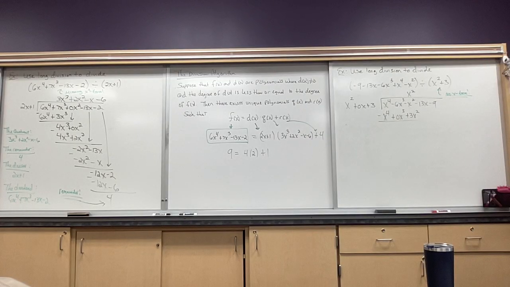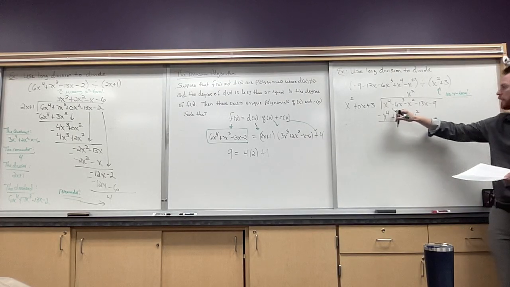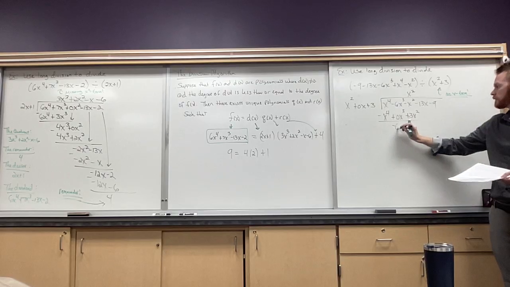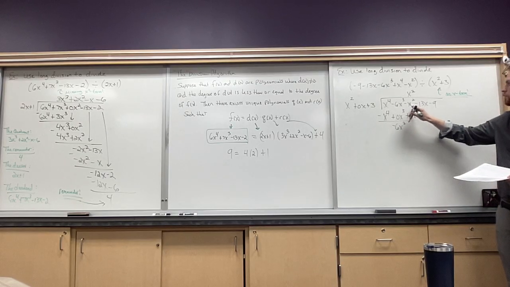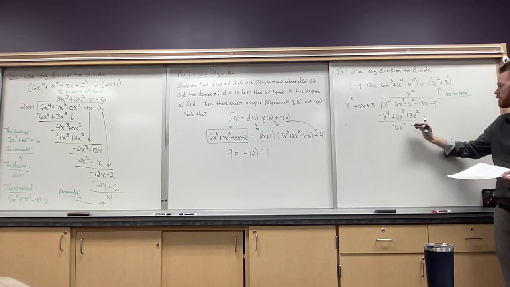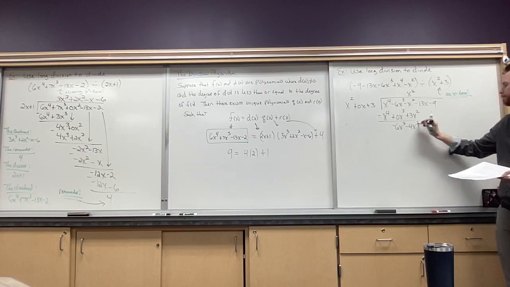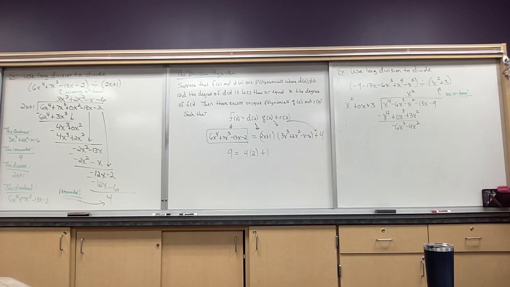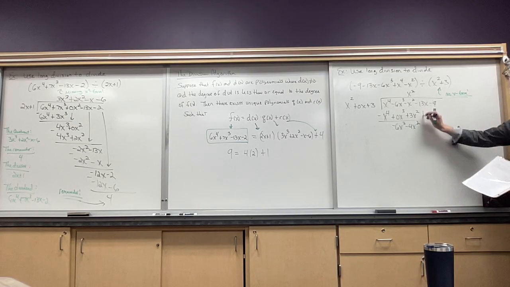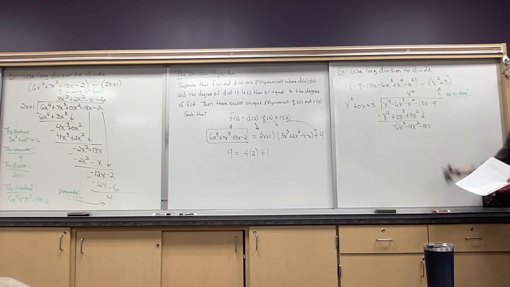Okay, so this is gone. This will just continue as a negative 6x cubed. And then over here, negative minus a 3, so that's going to be minus 4x squared. Bring down the negative 13. Rinse and repeat.